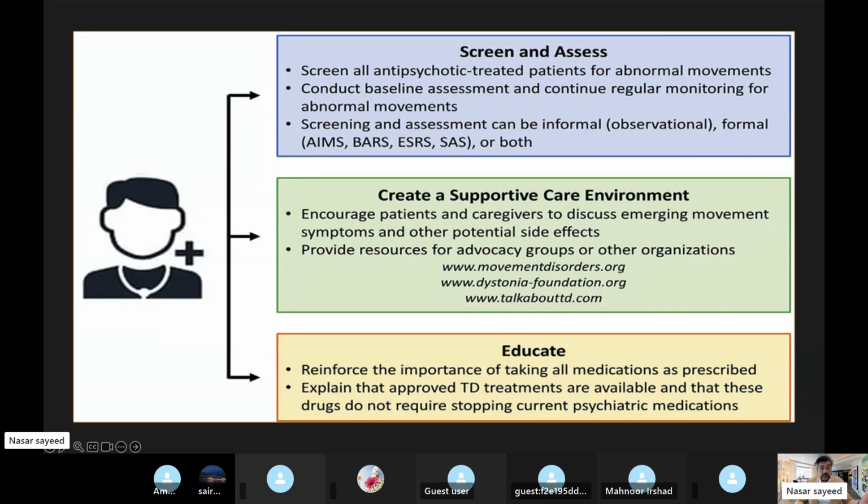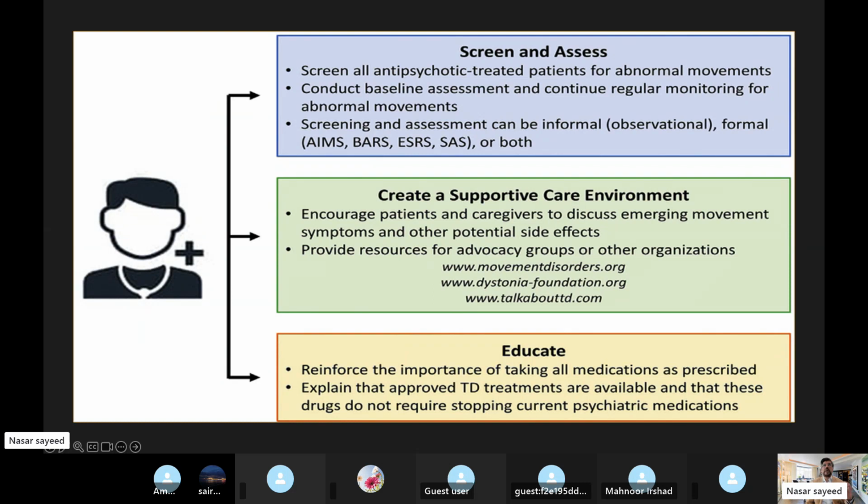We have to assess them from the baseline. We have to apply various tools, investigate, and so on. If it is not like this situation, and the patient is not taking antipsychotics and he is having abnormal movement disorders, but he has never been assessed for it, then conduct baseline assessment and continue regular monitoring for abnormal movements.